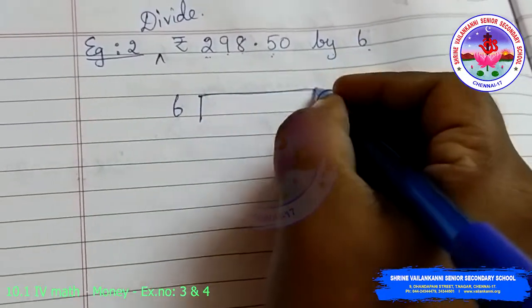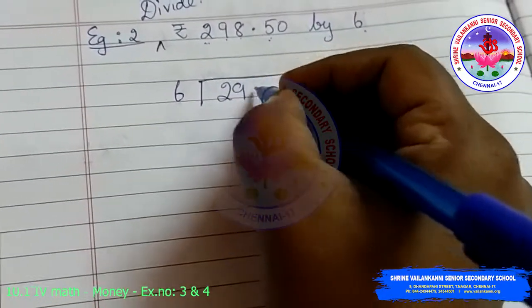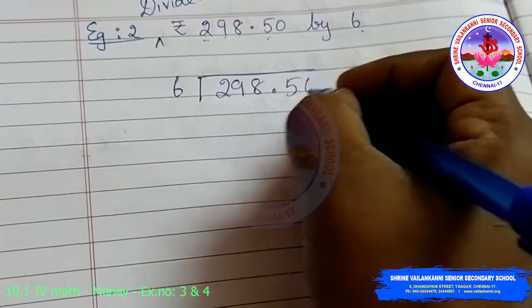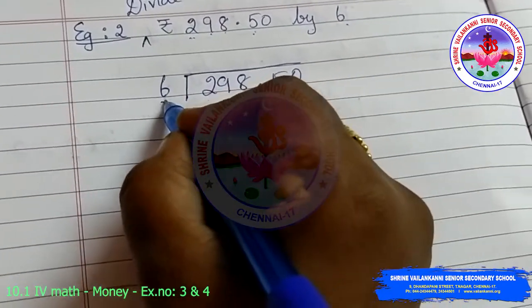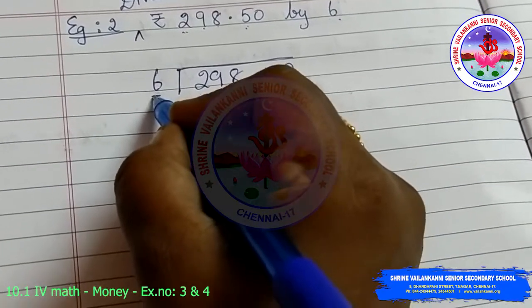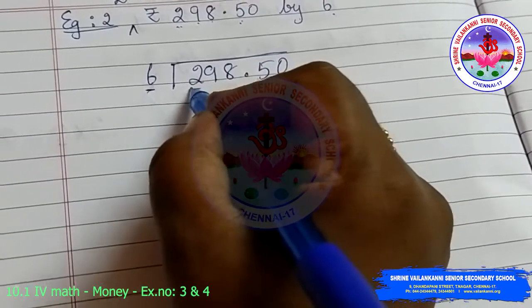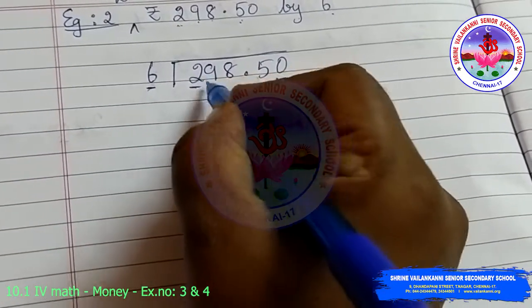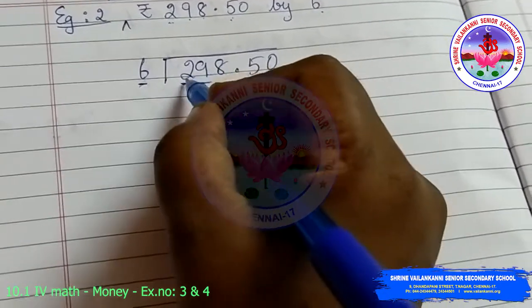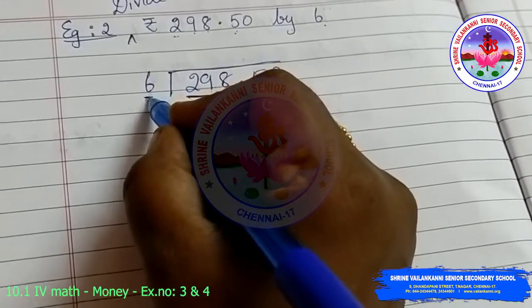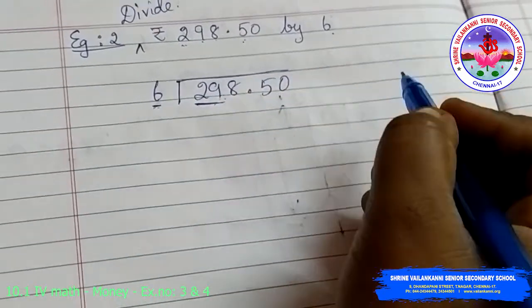So 6 outside, 298.50 inside. Here the divisor 6 is 1 digit. If inside we take 1 digit, it is smaller, so we can consider 2 digits, 29. How many times will 29 come in the 6 table? 29 will not come in the 6 table.